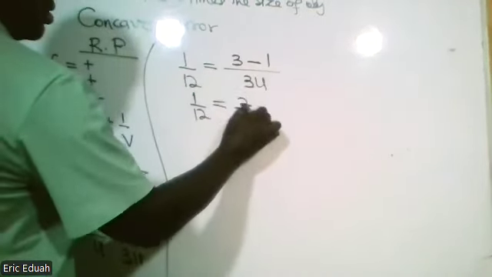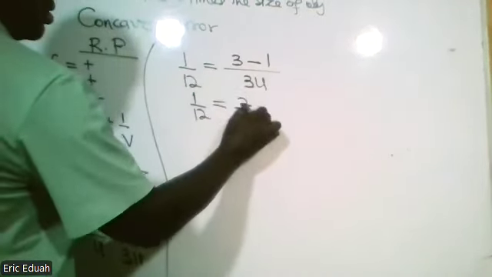We'll check if it makes sense, but we want to use NC to solve the same question, also to compare whatever we can have. NC is a concave mirror. Once it's a concave mirror, object is in front of the mirror, so U is negative.